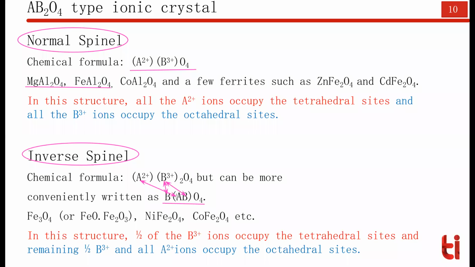Remember, in one of the experiments where we have measured the Curie temperature, we have used ferrites as our sample. So ferrites are typically the spinels, and now you understand spinels are the ones having AB2O4 type of unit cell, either in the normal form or in the inverse spinel form. If it is normal, A goes and occupies the tetrahedral site. If inverse, A goes and occupies the octahedral site. Remaining sites will be occupied by the B.